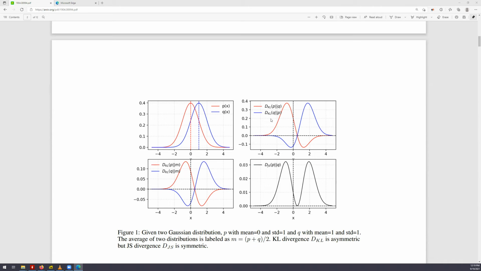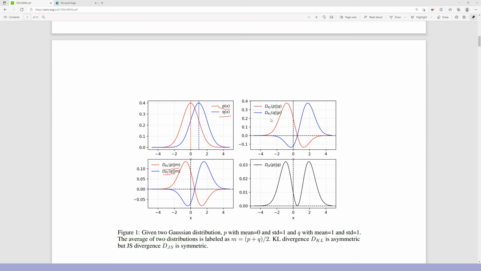As you can see here, this is between the JS and the... this is P of X, this is Q of X, and this red line is the D of KL, P, M. They have taken a third line in which they have tried to give a distribution with respect to this line.